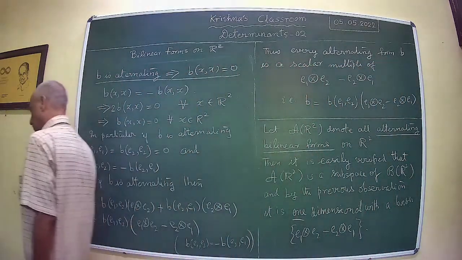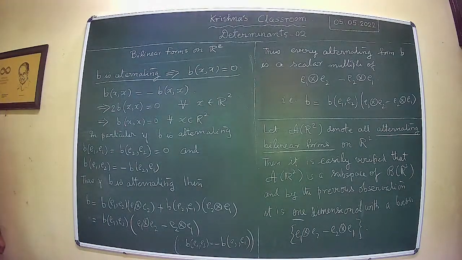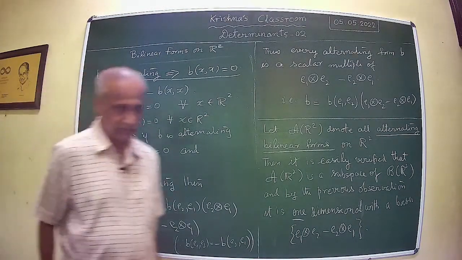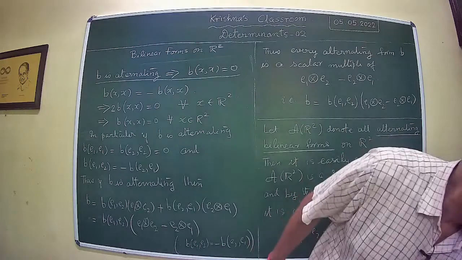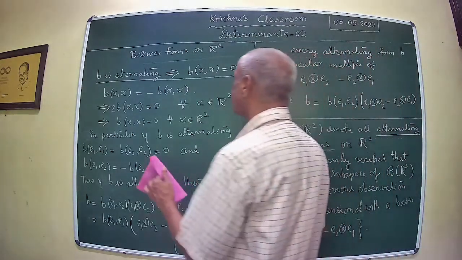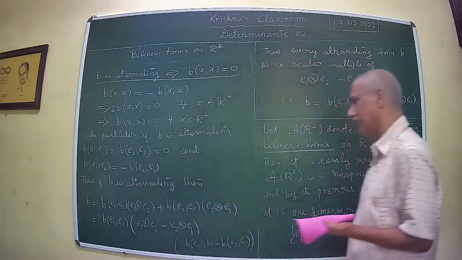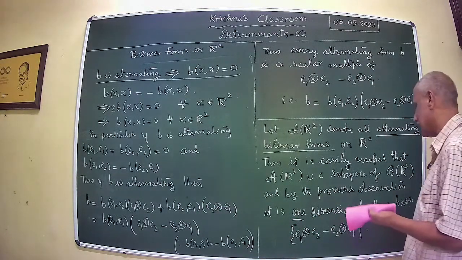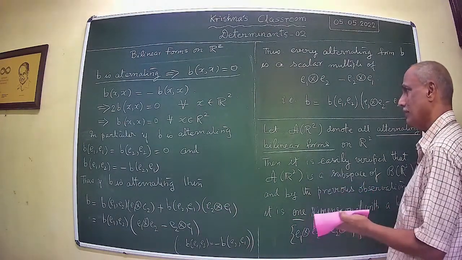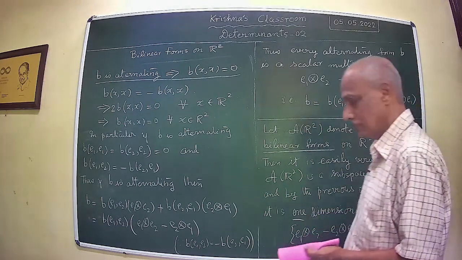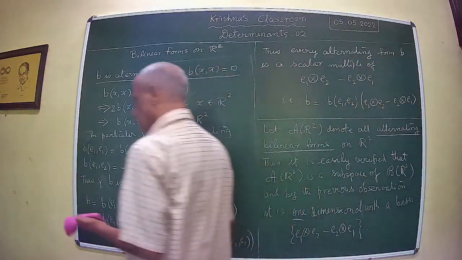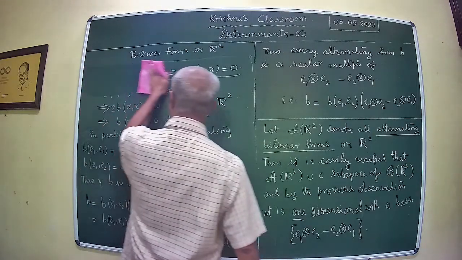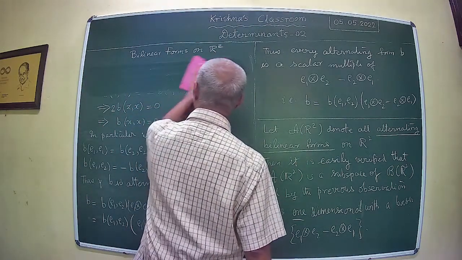Okay. Now we make an observation, the following. What we want to prove is that if A is an alternating bilinear form, then, okay, so let me pause this.